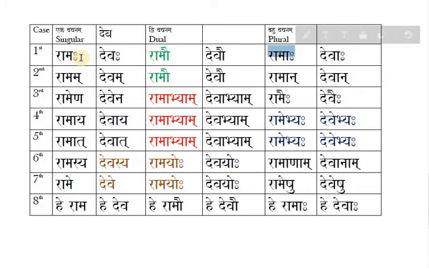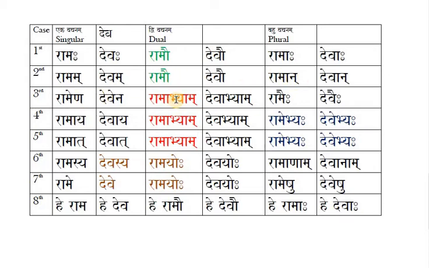So we have different forms: Ramaha, one Rama as subject, Ramau for two Rams, and Ramaha for many Rams. Then Ramam as object: to one Ram, to two Rams, and to many Rams as object.